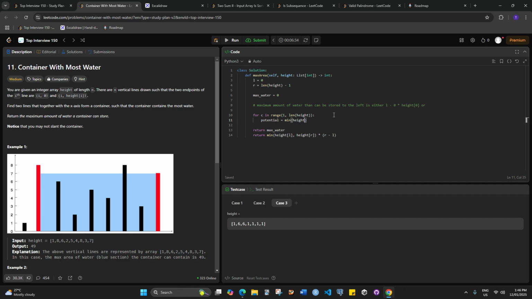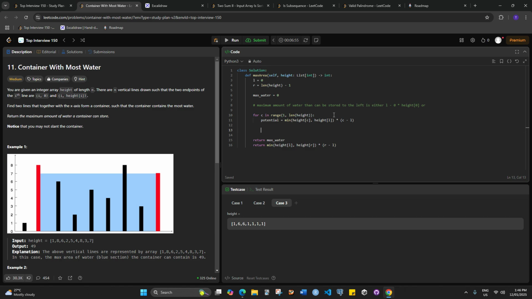Potential equals the height C, and then height L. So L can represent the highest index we've seen so far, minimum, multiplied by C minus L.